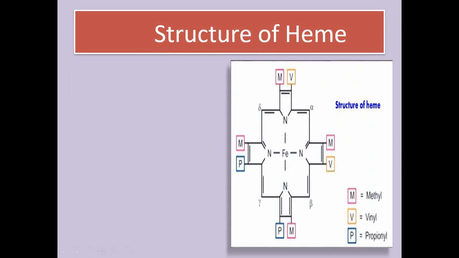In the structure of heme we have methyl and vinyl side chains in ring A, methyl and vinyl in ring B, methyl and propionyl in ring C, and propionyl and methyl in ring D.